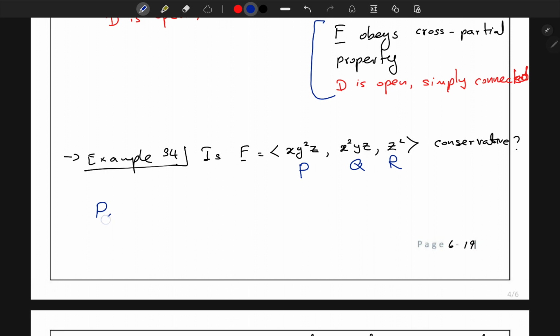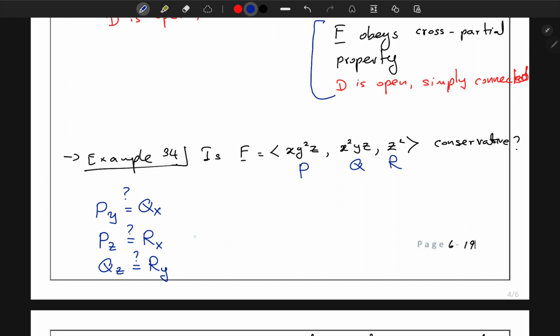So p sub y, is it equal to q sub x? And p sub z, is it equal to r sub x? And q sub z, is it equal to r sub y?